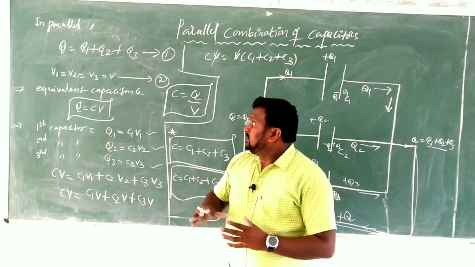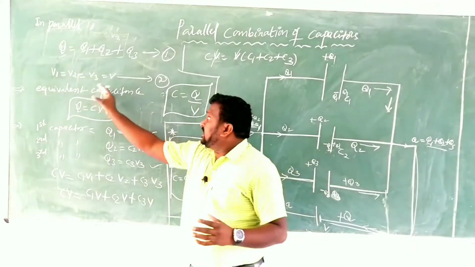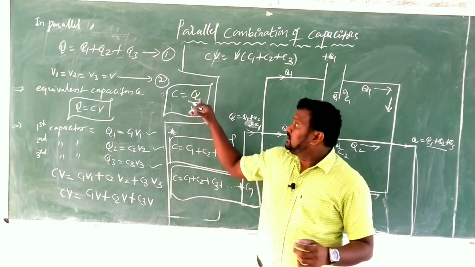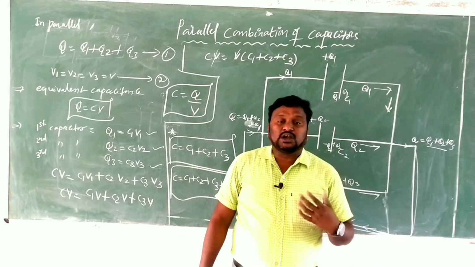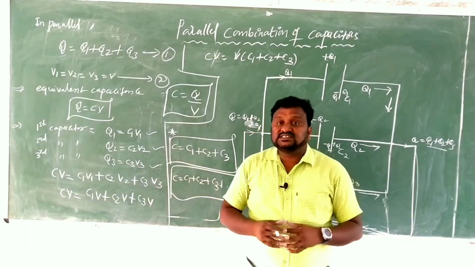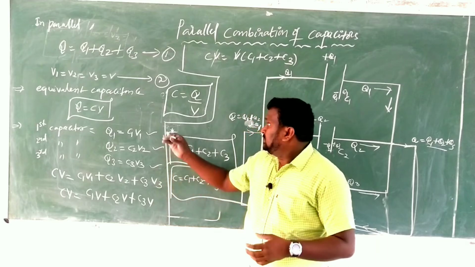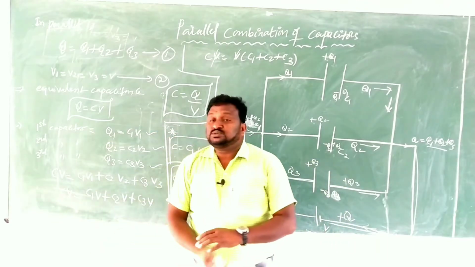Clear? After that, equivalent capacitance can be written as C is equals to Q by V. Here Q is the total amount of charge we supply and V is the total potential we applied. That's why from this we get Q is equals to CV.